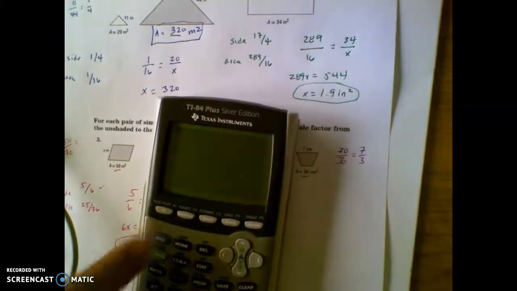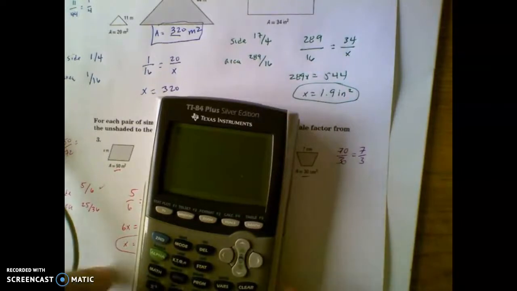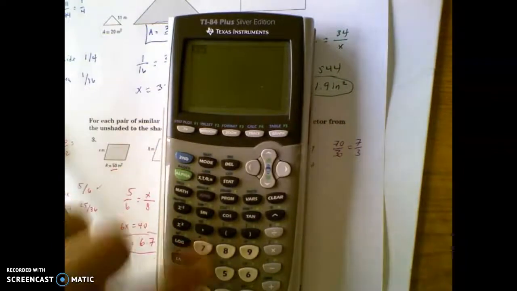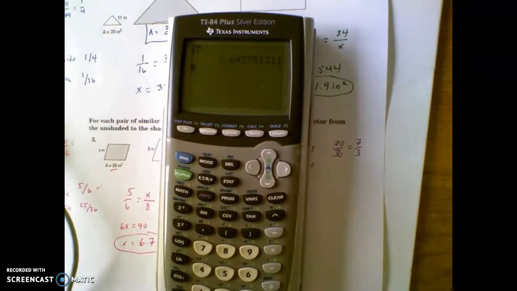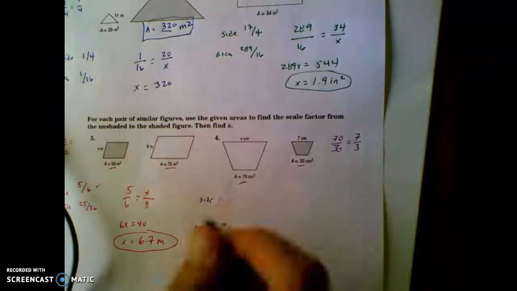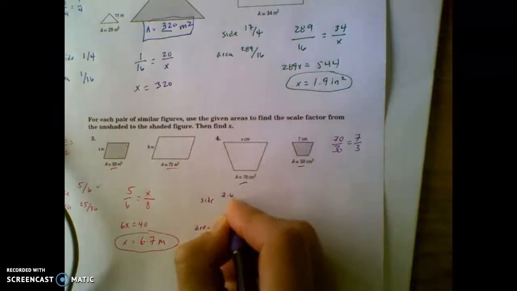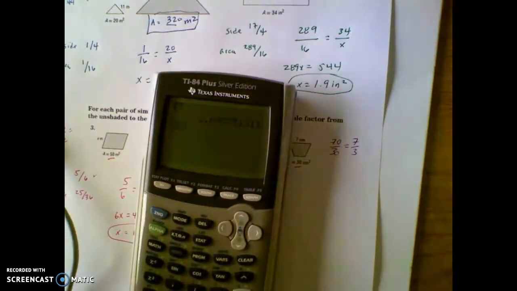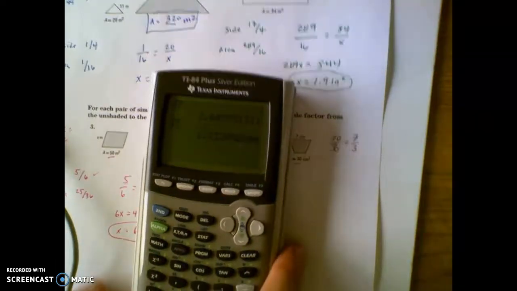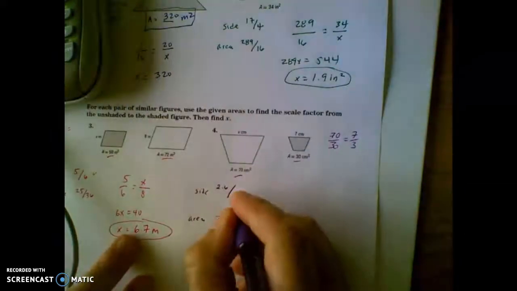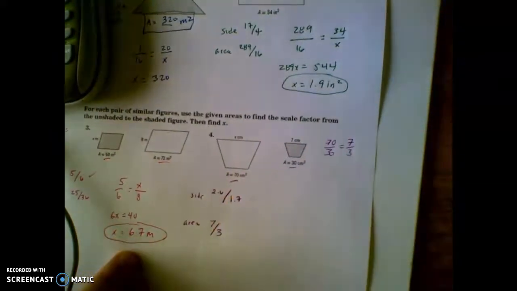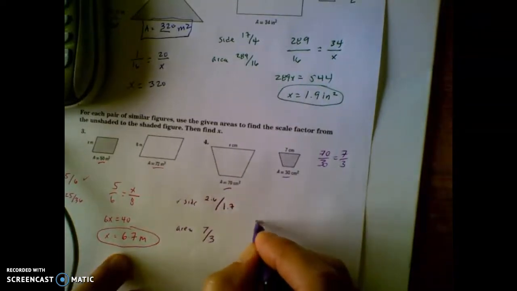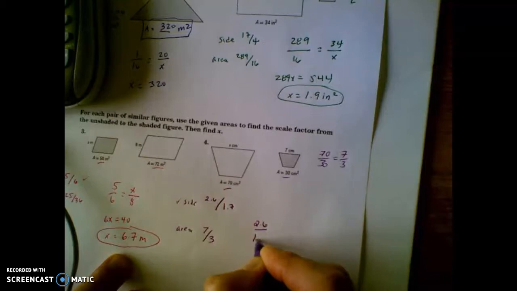The square root of 7. To do that, you go second, square root, 7. It's 2.6. And then the square root of 3 is 1.7. So I'm looking for a side, so I need to use this side ratio. It's ugly, but I'm going to use it. 2.6 to 1.7.